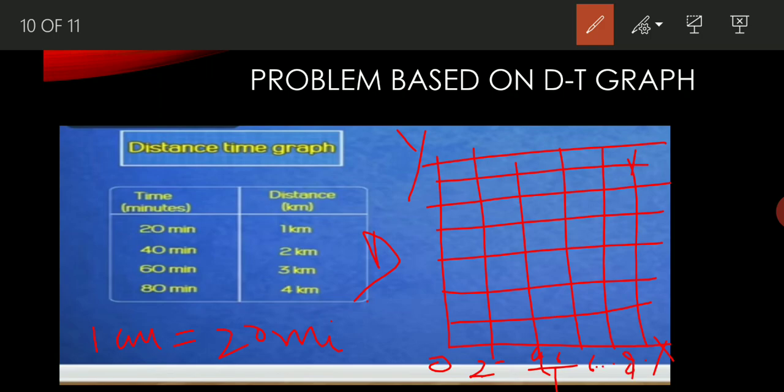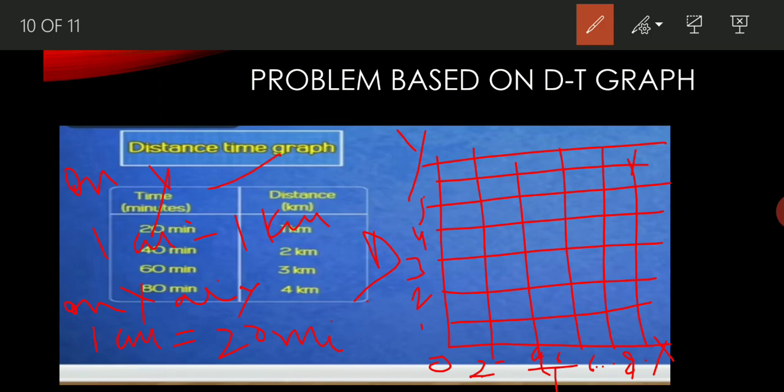Again, if we are measuring the scale on the x-axis, that is this. If we are talking about the y-axis, we can write 1 centimeter is equal to 1 kilometer. Okay, 1, 2, 3, 4, 5, like this.